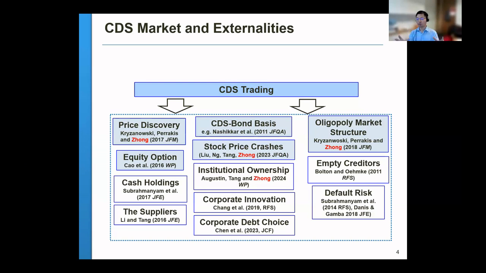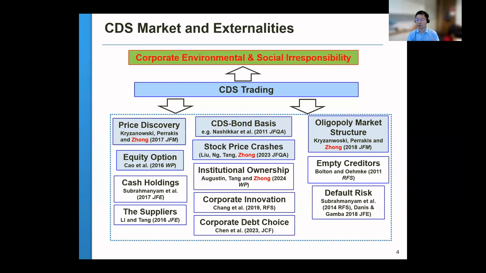Due to time limits, I'm not going to elaborate on all of them. Based on this literature, we do find CDS have significant impacts on the financial market and also corporate behavior. But so far, there's no paper examining how CDS affects corporate social responsibility. In this study, we try to address this issue.